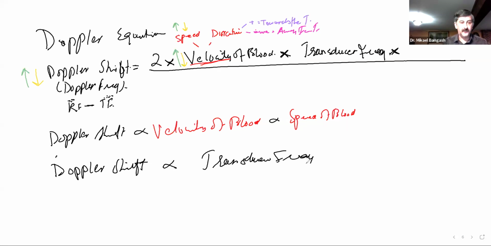Now we can put it this way: if we had a transducer with a low frequency, let's say 5 megahertz, which is going to be a low frequency transducer, that will cause your Doppler shift to also be low.